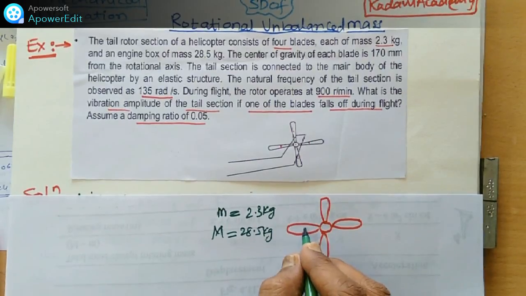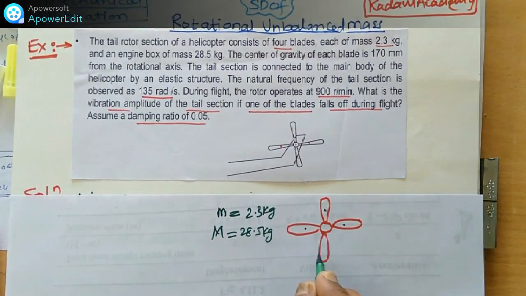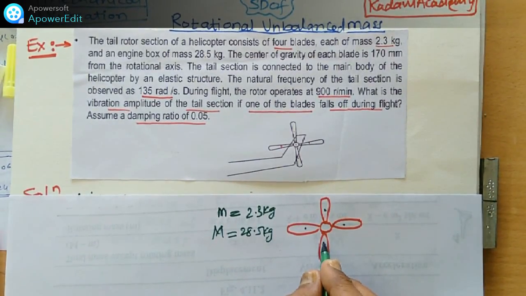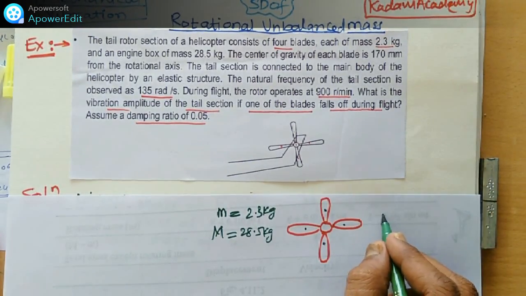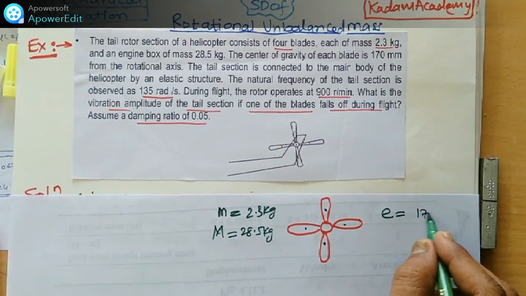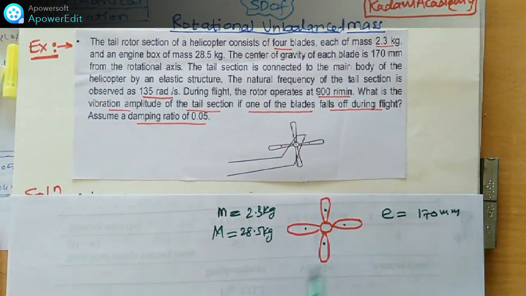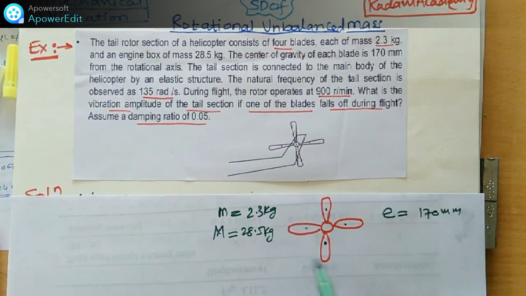Somewhere here is the center of gravity. The center of gravity of each blade is at a distance small e equal to 170 mm. This is a pure problem of unbalance, forced vibration due to rotational unbalanced mass.